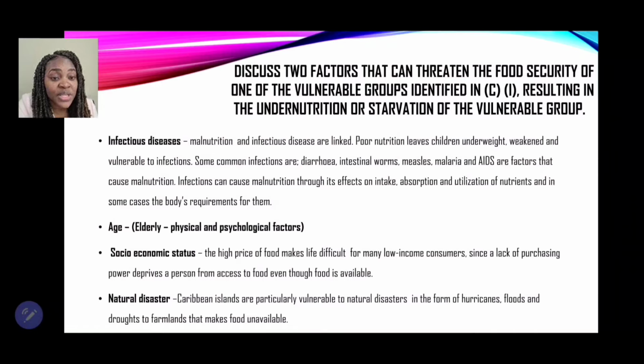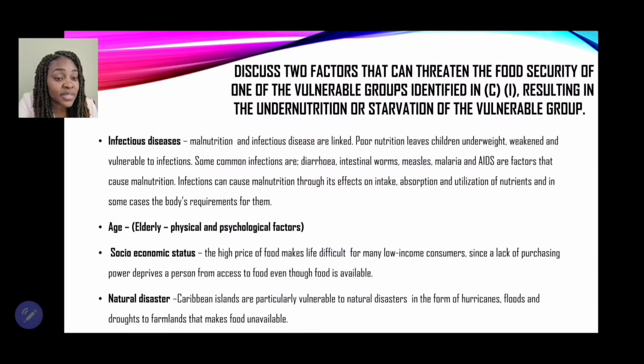Some common infections are diarrhea, intestinal worms, measles, malaria, and AIDS, which are factors that cause malnutrition. Because these persons are ill, they will have malabsorption, or they can't keep down anything, even with the diarrhea. So infections can cause malnutrition through their effects on intake of food.